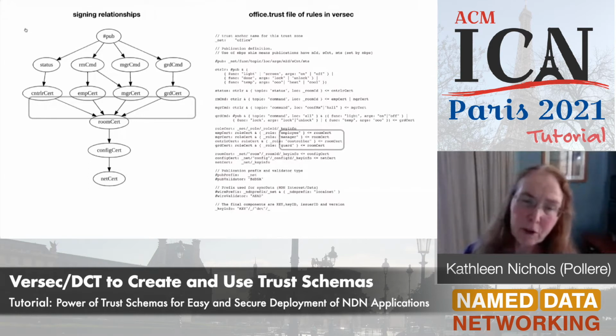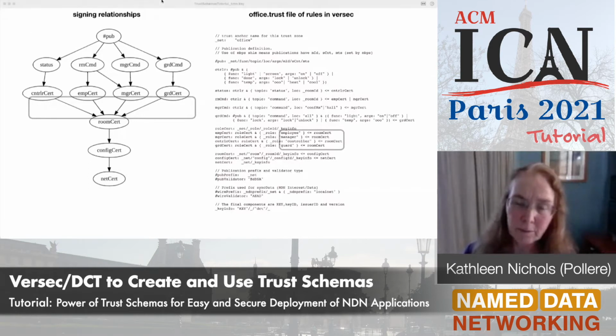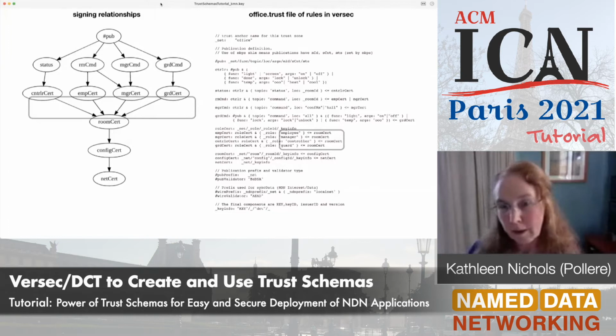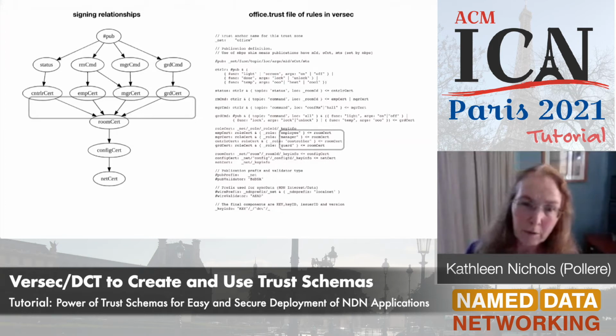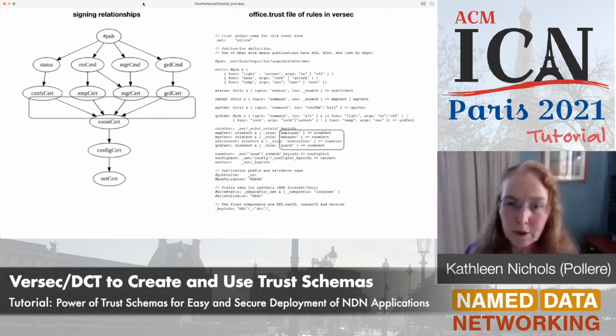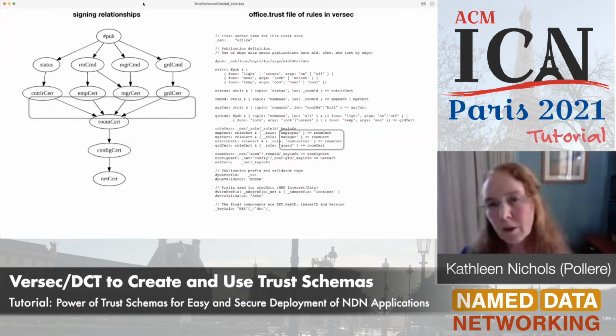So the configuration cert is in there to kind of be something that helps you protect your net cert. And you might have multiple configurers. And if they have an identity, you also have a way to trace any configuration back to a particular configurer. So just the notion here is that you can make this chain as deep as it needs to be for your particular application. Okay, let's go ahead and move on.